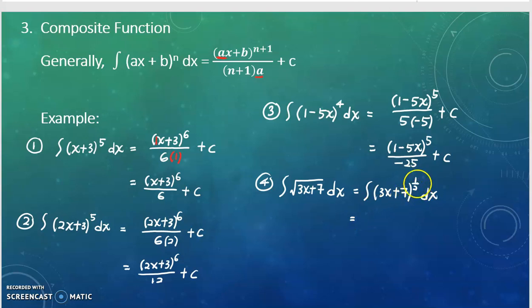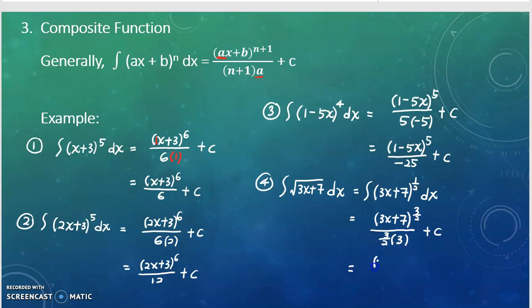So we raise the index by 1. 1/2 plus 1 is 3/2, so it becomes (3x + 7)^(3/2) over 3/2. In this example, the coefficient of x is 3, so we have to multiply by 3, plus c.